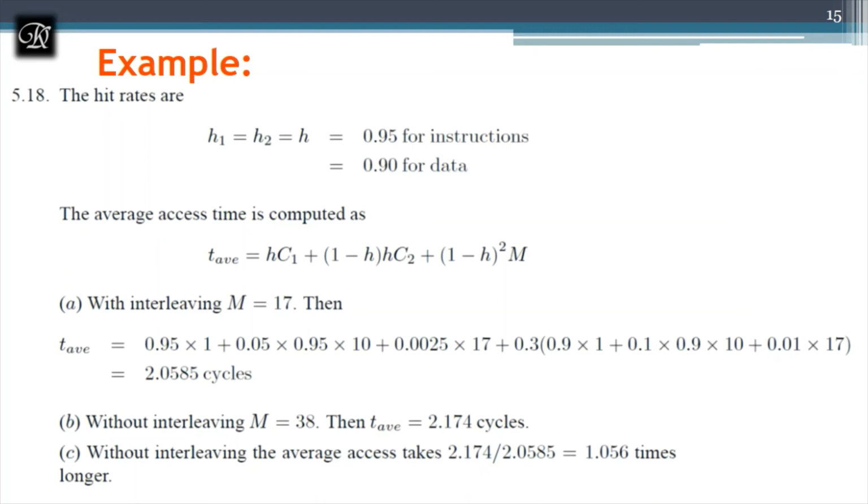Without interleaving, where M is 38, the average time will be 2.174. So without interleaving, the average access time will be 2.174 divided by 2.0585, which means about 1.056 times longer. Without interleaving takes 1.056 times longer than with interleaving.